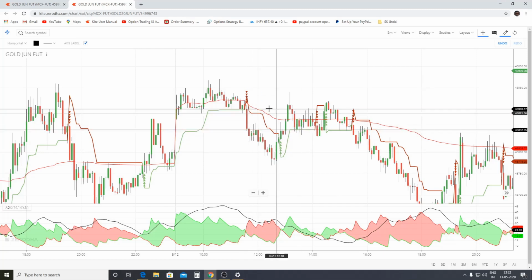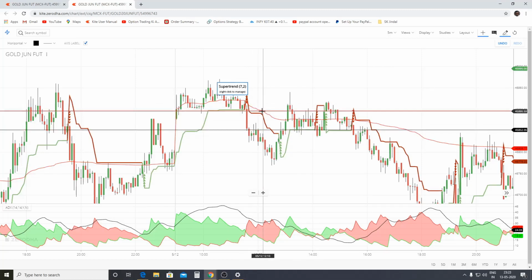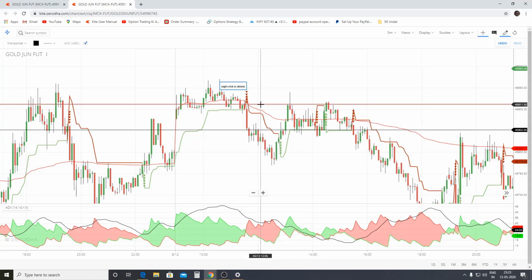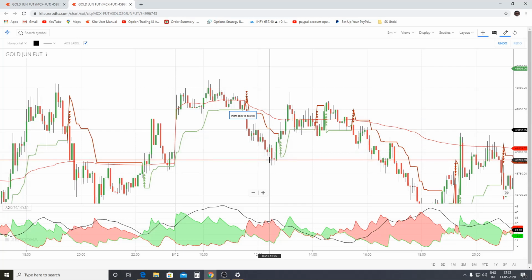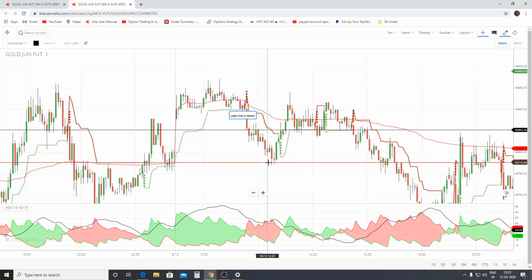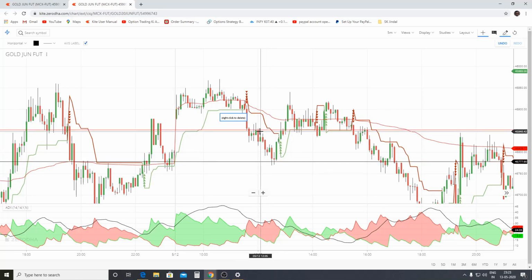So this was my short, and my stop loss would have been above this big red candle. I'll first check. Yes, it's a 60 point stop loss, and according to my concepts, according to my setups, it's perfect, and at least I should get a 60% target. So my target would be around 45,780.